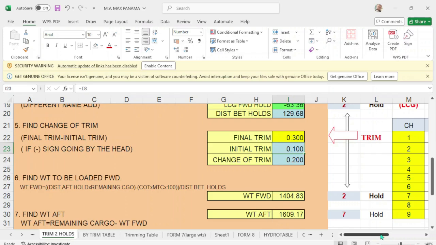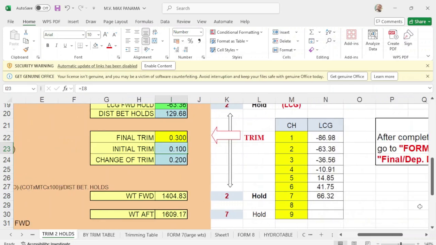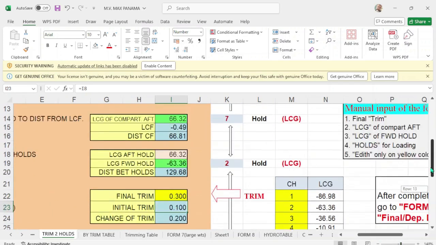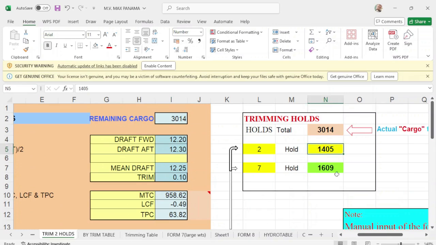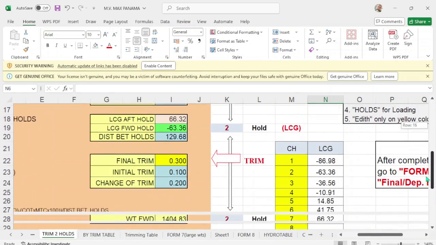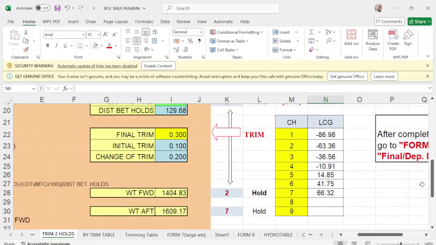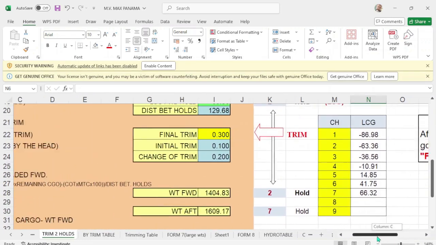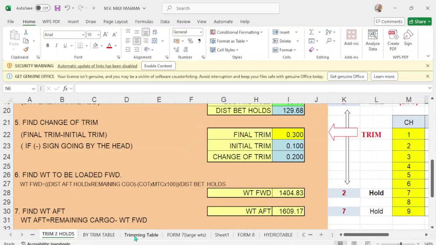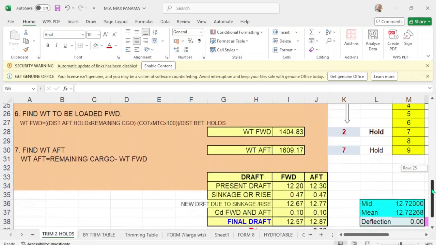With this figure, you put it up here. So forward will be 1405, rounded up, and number 7 will be 1609. Then we go now to number 8.